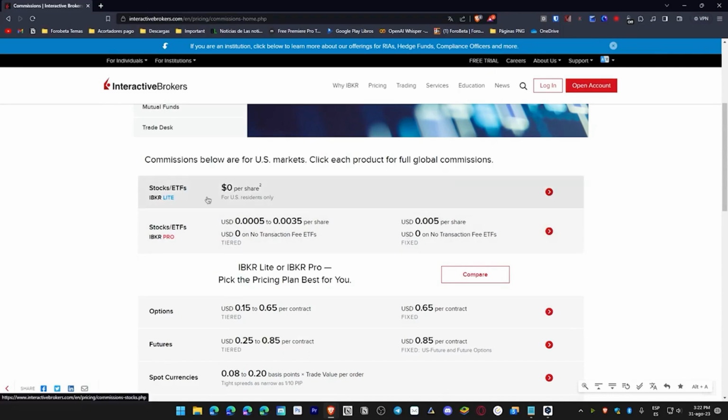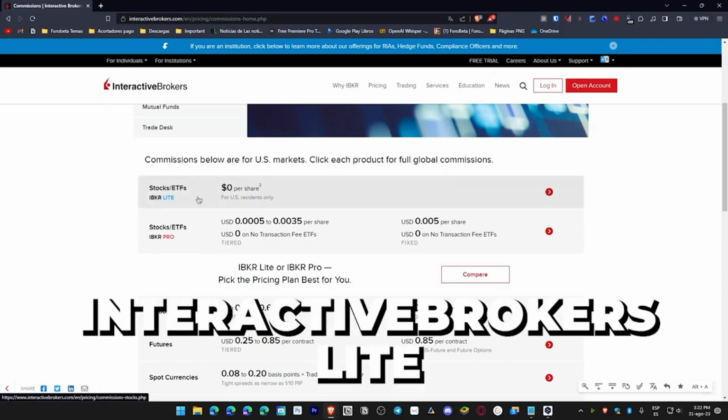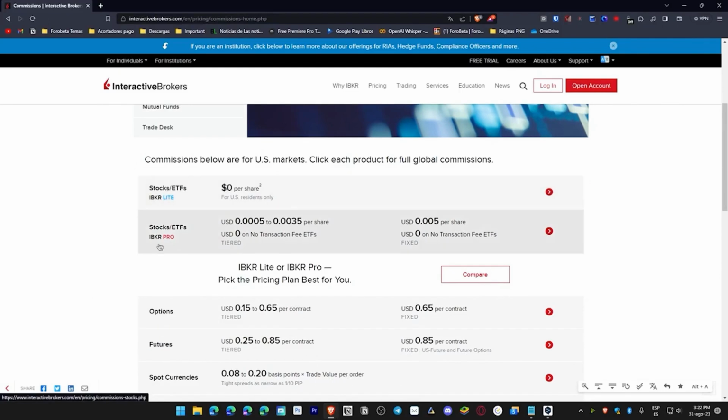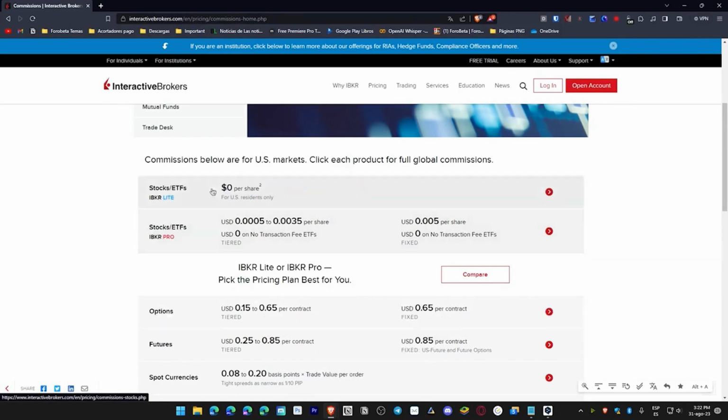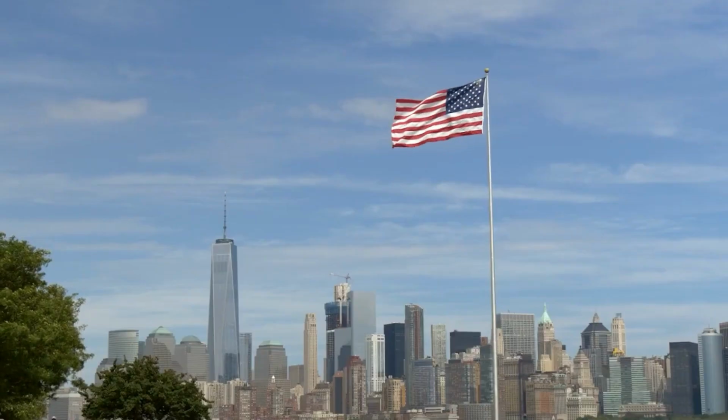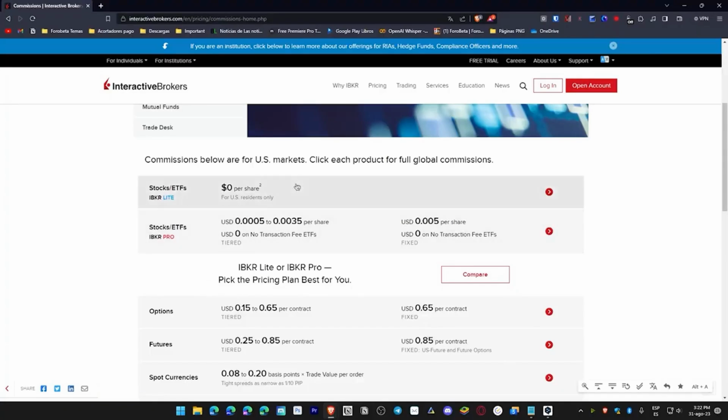For example, the first category would be Interactive Brokers Lite. With this one, we won't be charged for stock purchases, whereas with Interactive Brokers Pro, which is the other category, we will be charged. But what's the difference between these two? The main difference is that Lite is only available to people who are residents of the United States. Also, this is primarily for individual retail investors, not for people who handle exceptionally large volumes or make very significant investments.